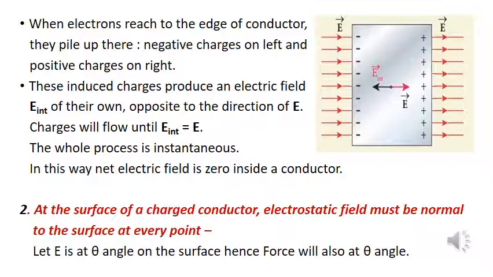When electrons reach to the edge of the conductor, they pile up their negative charges on left and positive charges on right.